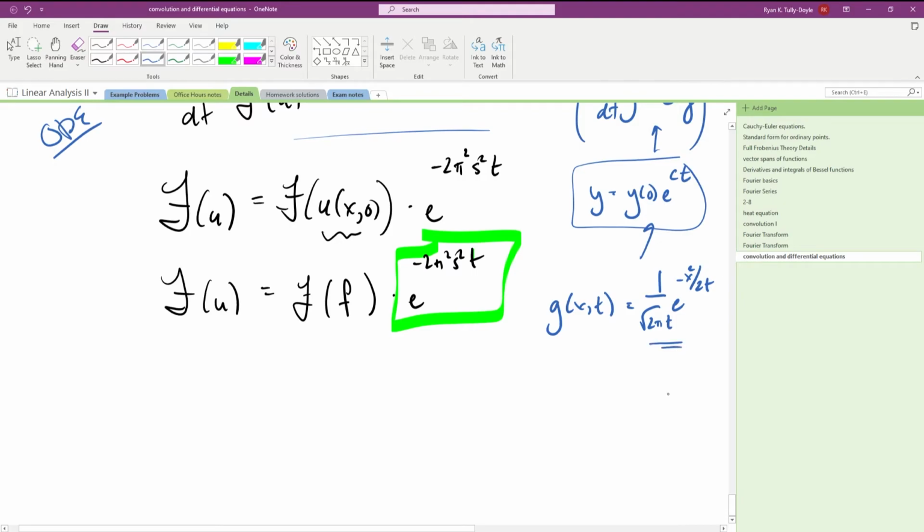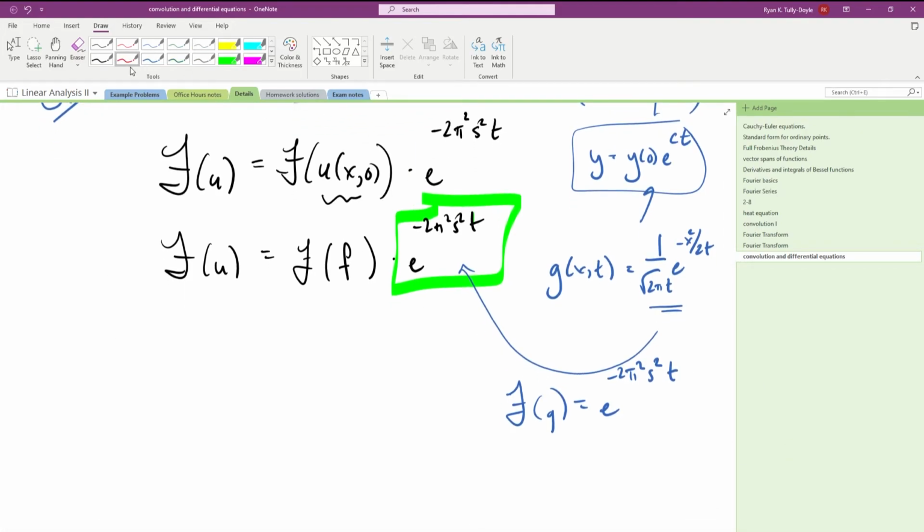This function, if you Fourier transform it, you get that one. So the Fourier transform of g is equal to e to the minus 2 pi squared s squared t. Table, integral, totally common. Whenever you see an exponential and you think it's going to be a Fourier transform, it is. You just have to jiggle constants around to make it work.